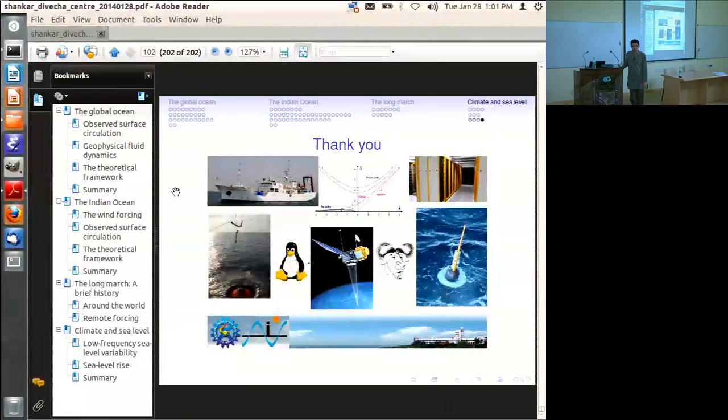But the level of no motion is something completely different. It is more ad hoc. For the Ekman depth, if I have the latitude, if I have the stratification, I can tell you what the Ekman depth is. But if you are solving a problem, you have to determine the level of no motion. In the Indian Ocean, 1000 meters seems to be pretty good for most purposes.